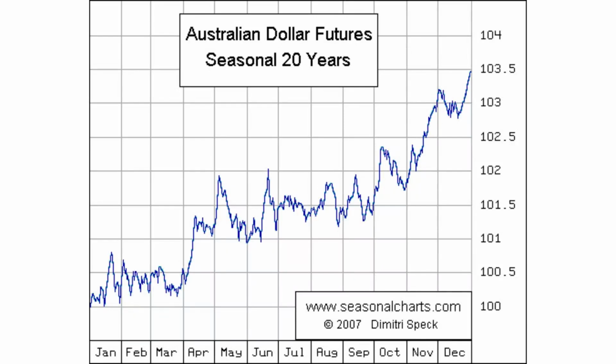Moving on, right here again you can see the Aussie dollar seasonality chart, and as we discussed before, during the last 2 months, November and December, Aussie dollar usually tends to form higher prices, right? So now we're going to use this data to see how we could have used it, right? So let's look at some charts.